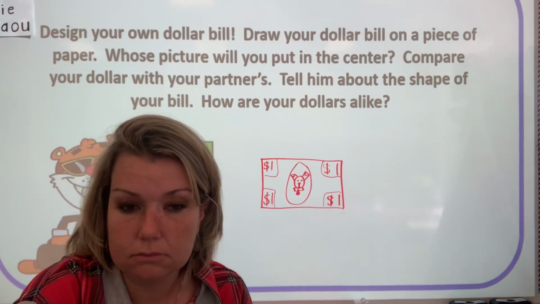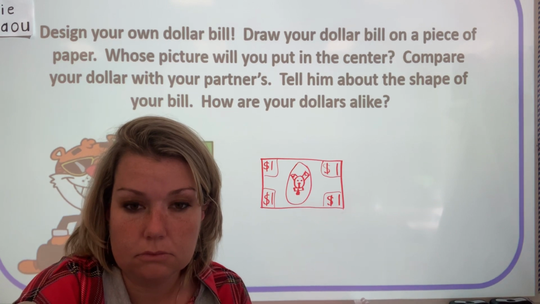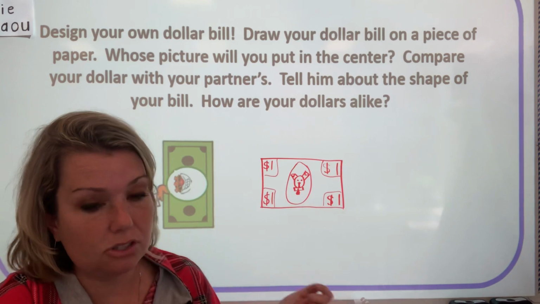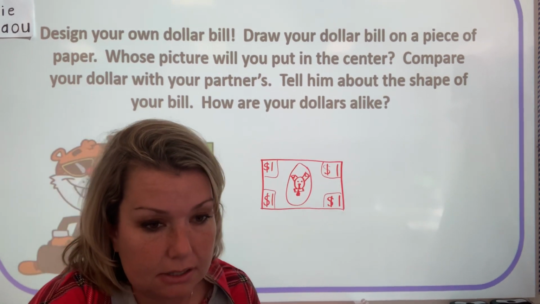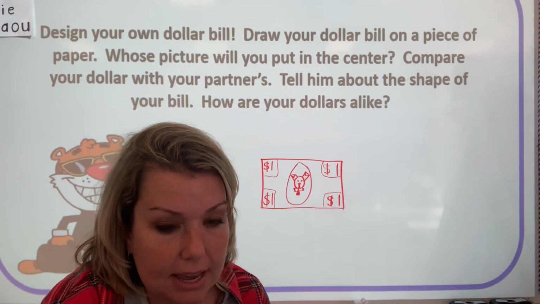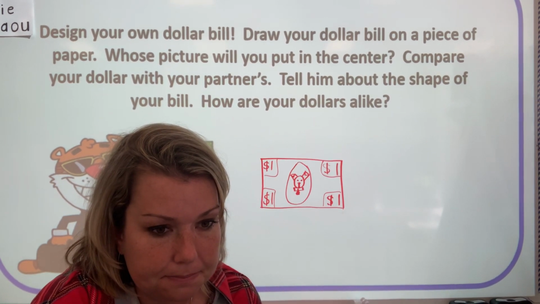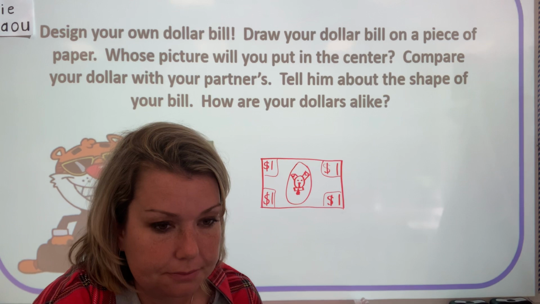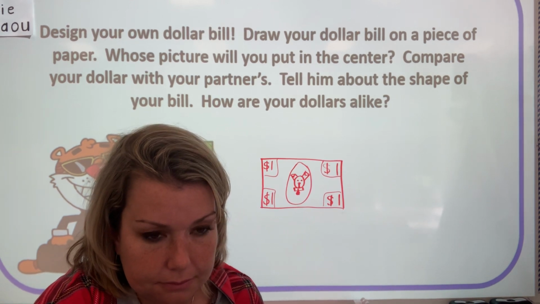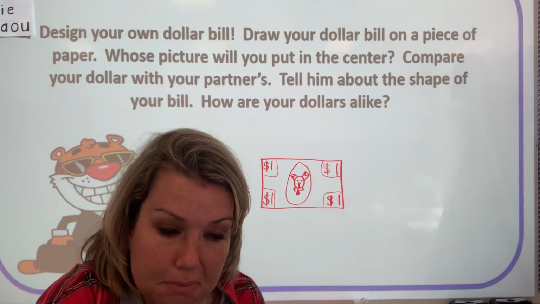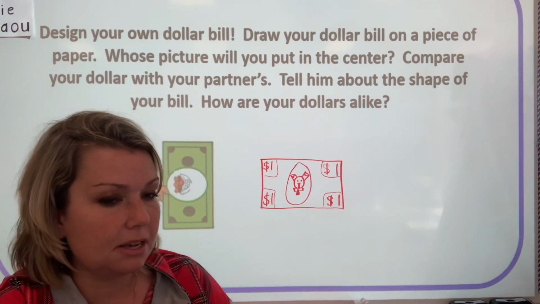Because you have a dog in yours and she has hearts in hers. Very good. So that's a difference. Can you tell me how they're the same? A similarity? Peyton? They're the same shape. Good job, Peyton. Awesome.